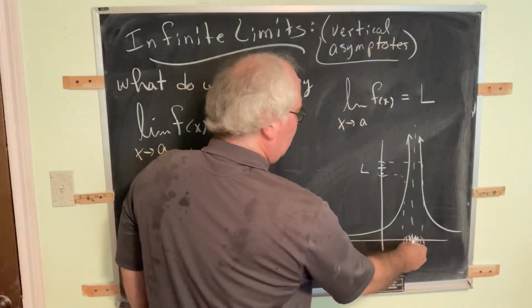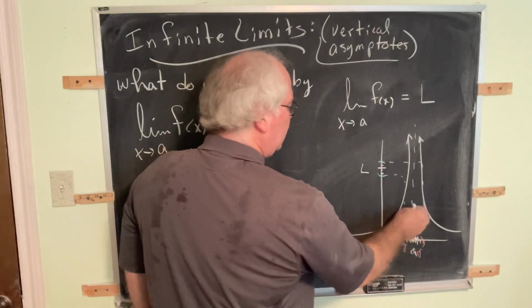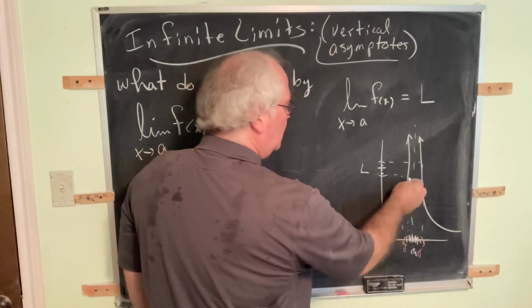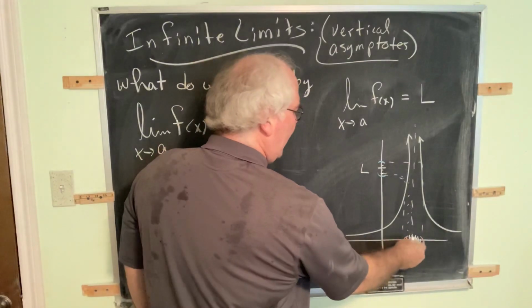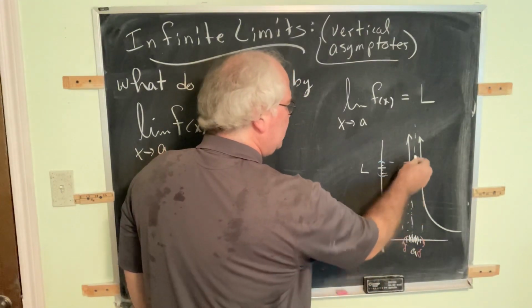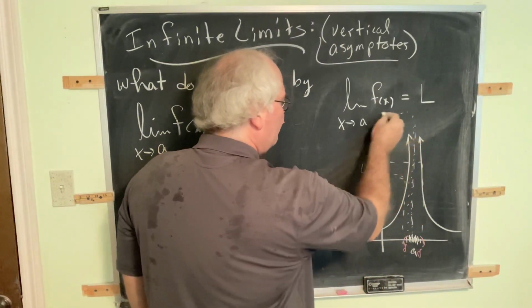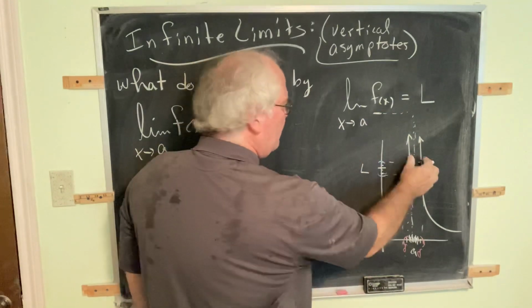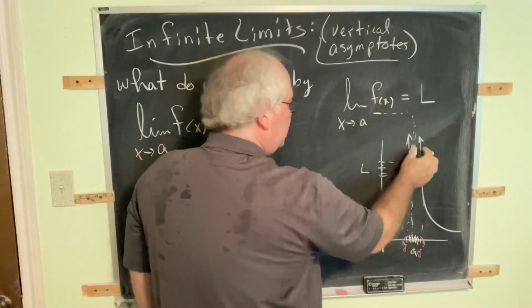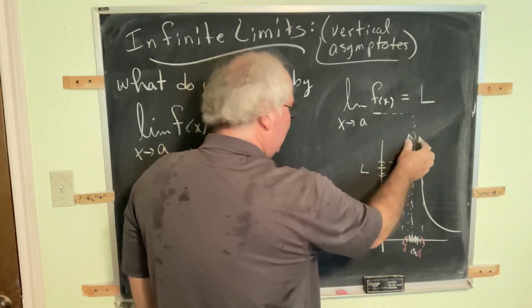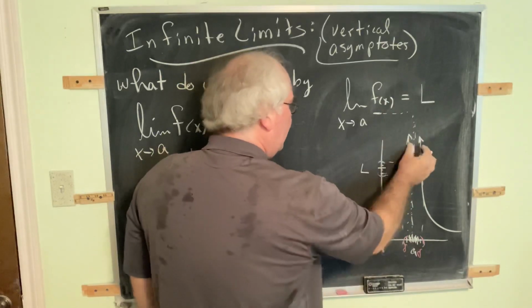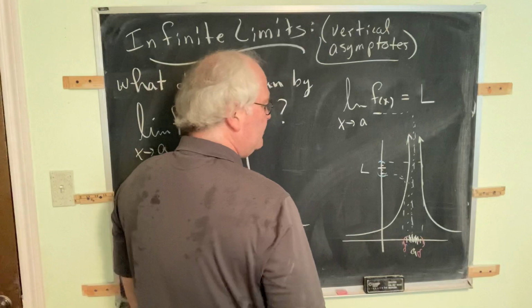Because if you get close enough to A, the function, for values out here, no problem. But if you get close enough to A, the function value recedes up the graph. The function value is way up here. That's what we mean by this vertical asymptote. These arrows indicate that this curve never returns back down. It continues to elevate without boundary.